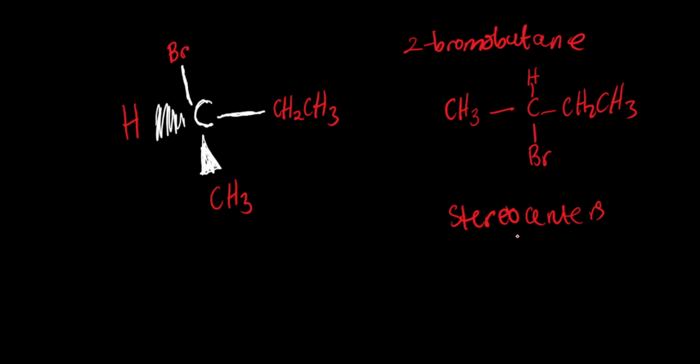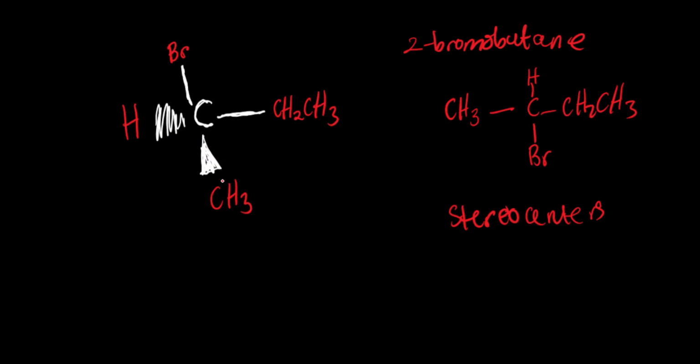However, if it has multiple chiral centers, we could have stereoisomers that are not necessarily enantiomers. We'll see this when we consider diastereomers. But for now, any interchange of two groups would lead to the formation of the mirror image, or the enantiomer, of this molecule. So let's interchange two groups.